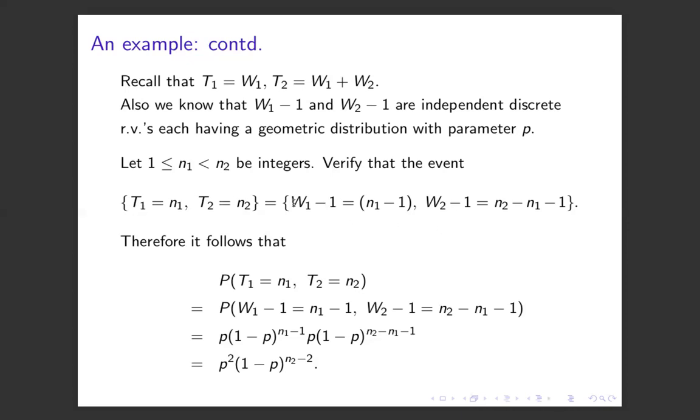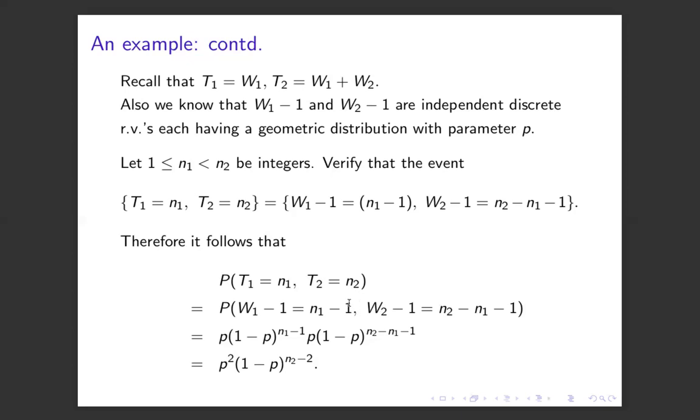So this event we have now expressed as the intersection of two events which are independent, because these random variables are independent. Therefore, probability T1 equal to N1 and T2 equal to N2 is the same thing as probability W1 minus 1 equal to N1 minus 1 and W2 minus 1 equal to N2 minus N1 minus 1.